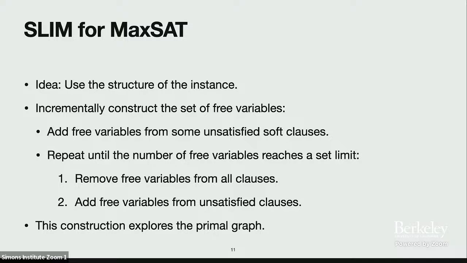And then we add variables from these unsatisfied clauses to our free variables, because we need to satisfy them as well to be able to satisfy the soft clause in the beginning. And we do this step over and over again, picking variables from unsatisfied clauses and then removing the free variables from all the other clauses until we hit some boundary, because we don't want our new instance to be too big. We want it to be very small so we can repeatedly call a MaxSAT solver on the small instance.